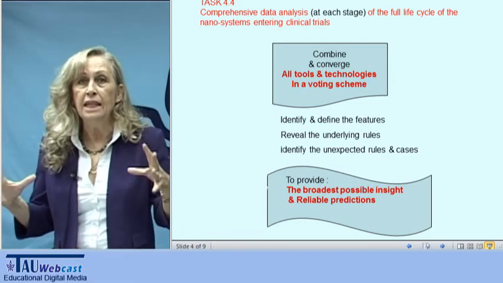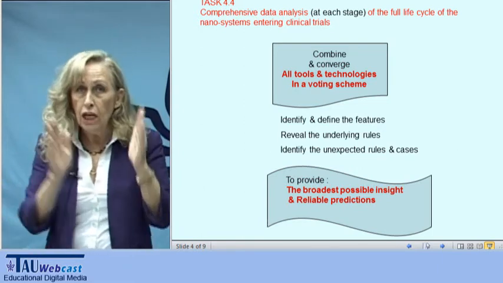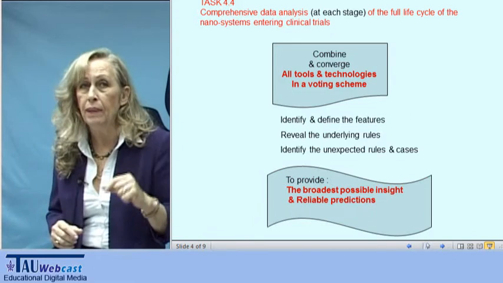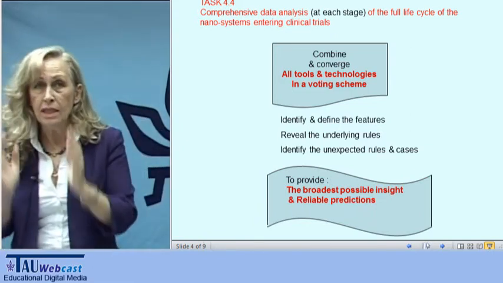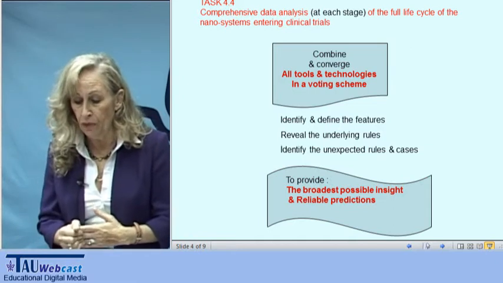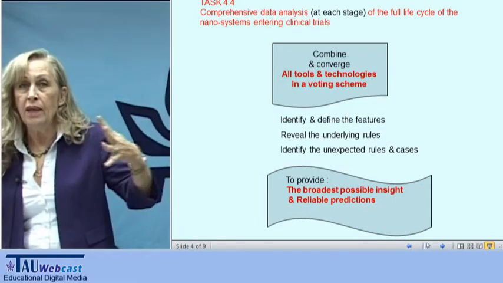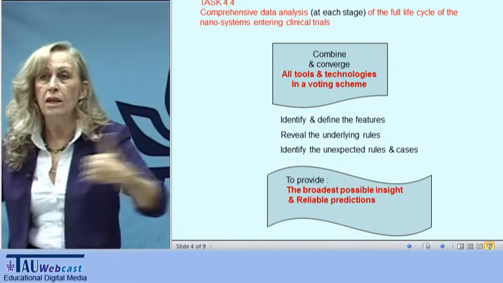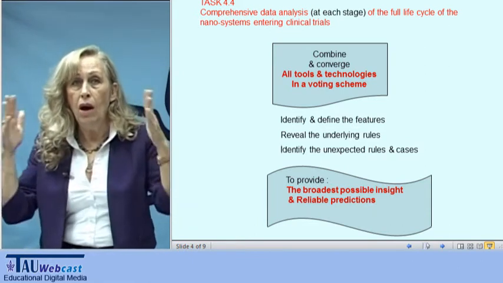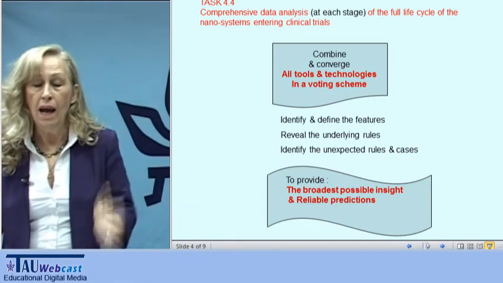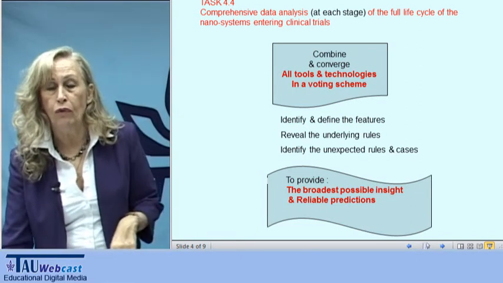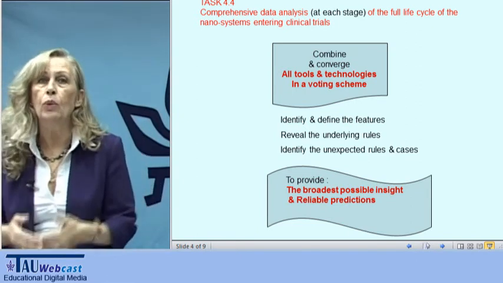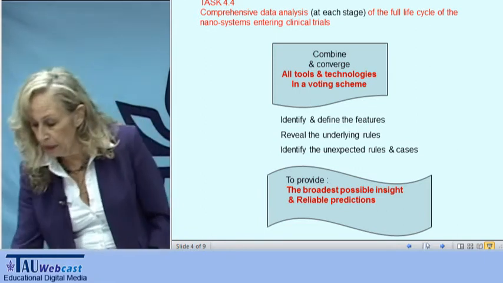As I said, in each level, even if you have preliminary data, even if you have partial data, just send it to me and we'll do the best of it. So the idea is to utilize all possible tools, all possible insight, and provide the best possible broad picture of what we have, one that will enable reliable prediction.